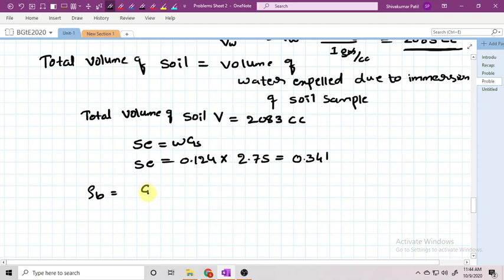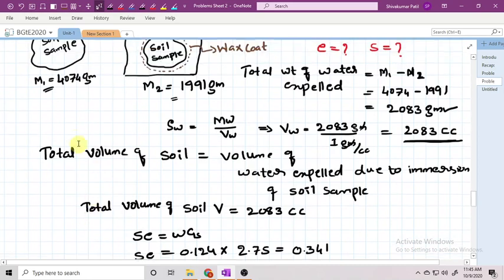Now, what is the bulk density? Bulk density is nothing but (specific gravity plus degree of saturation into void ratio) divided by (1 plus e) into density of water. The bulk density is nothing but mass by volume. What is the mass?